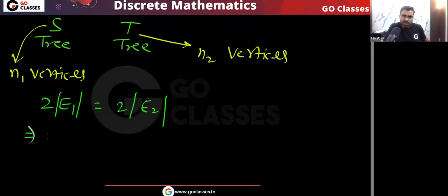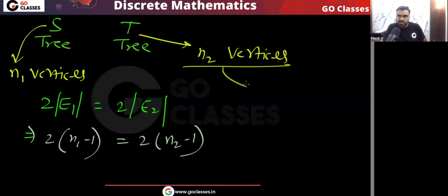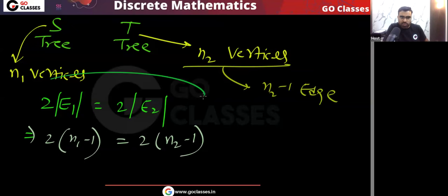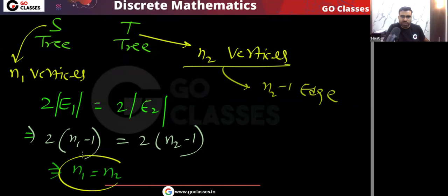The number of edges in S is n1 minus 1, so 2 into (n1 minus 1) equals 2 into (n2 minus 1), because if you have n2 vertices in a tree, then there are n2 minus 1 edges. So from here we get n1 equal to n2.